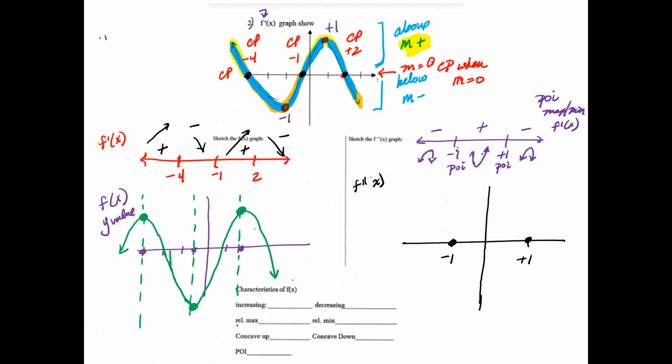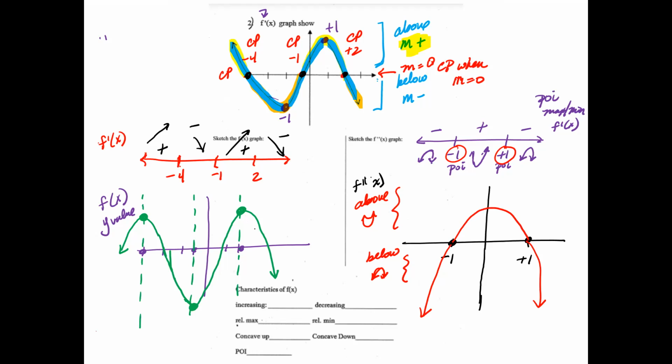Now I know on the left side of -1, it's negative, so that means it is going to be below the x-axis. Above means it's concave up. Below means it's concave down. So this is a negative, so it's going to be below. On the right side of 1, it's also below. And you guessed it, in between -1 and +1, it's above. So here we go, and that's your graph.